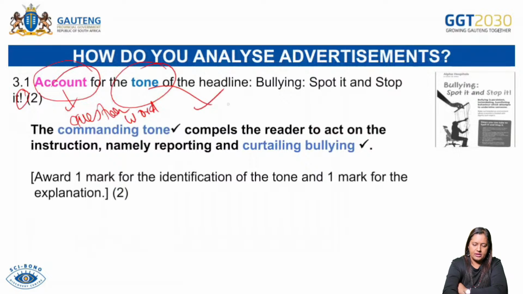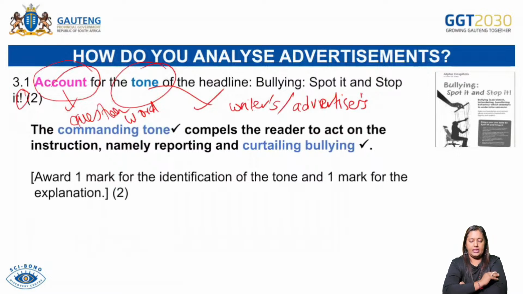All right. And then the tone, obviously, you are knowing that this is the writer's or the advertiser's purpose. Okay. He's obviously used that particular tone in terms of what he wants to get across to us.